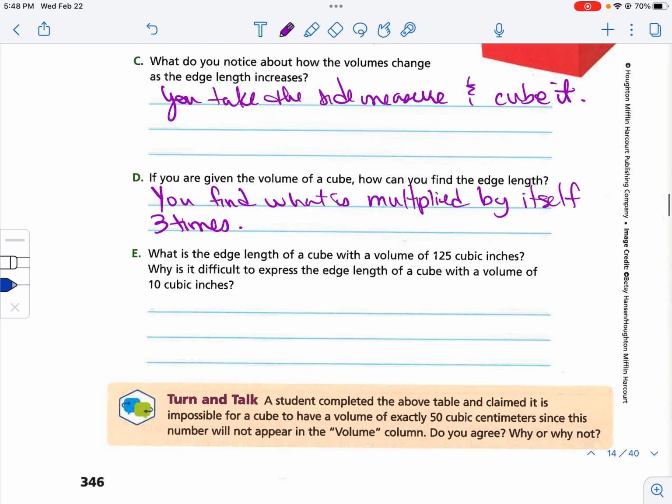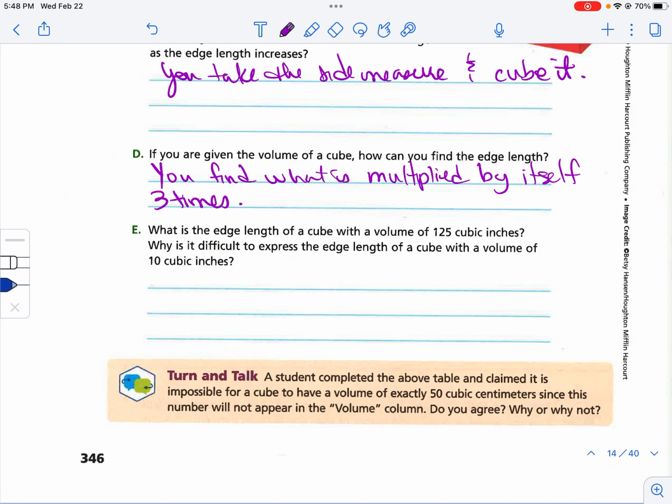What is the edge length of a cube whose volume is 125 cubic inches? Why is it difficult to express the edge length of a cube with the volume of 10?